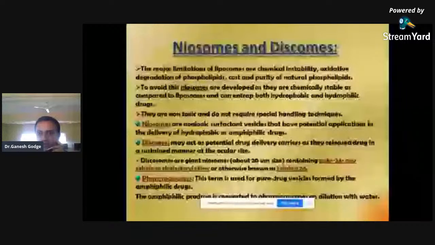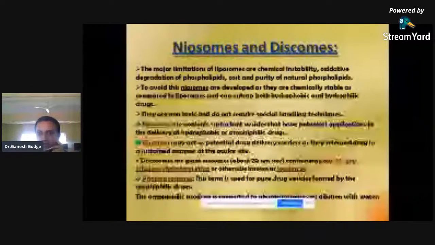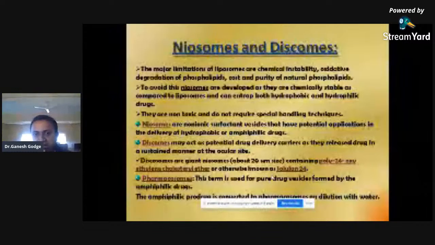Niosomes are chemically stable as compared to liposomes and can entrap both hydrophilic and hydrophobic drugs into the vicinity of their circular structure. They are non-toxic and do not require special handling techniques. So niosomes are non-ionic surfactant vesicles that have potential application in the delivery of hydrophobic or amphiphilic drugs. So that is the concept of vesicular drug delivery system that we have discussed.